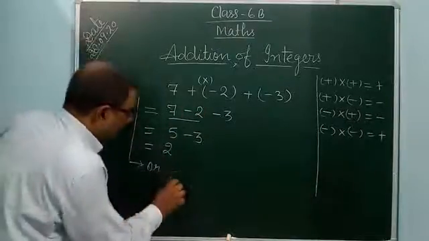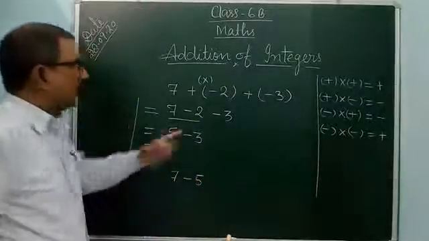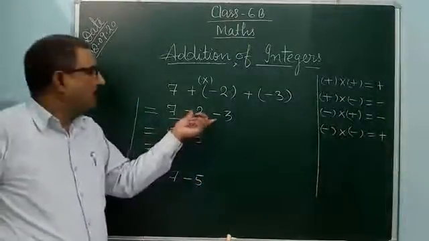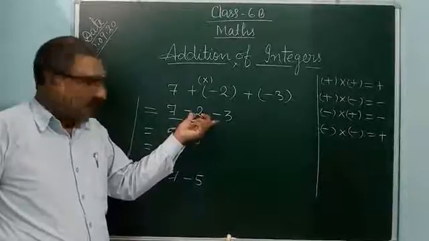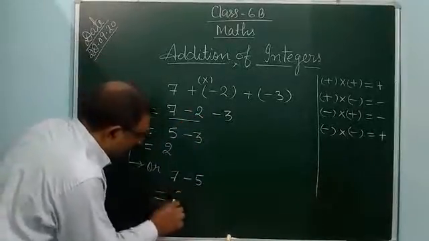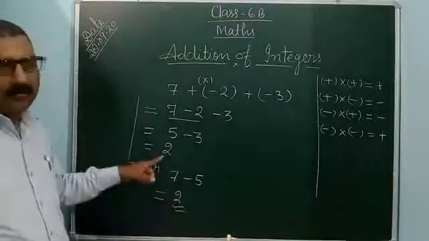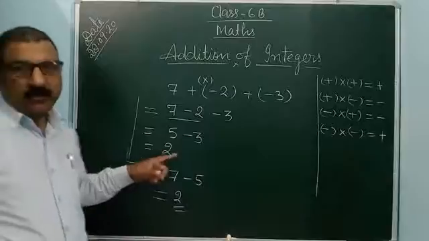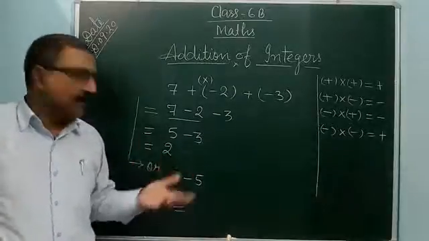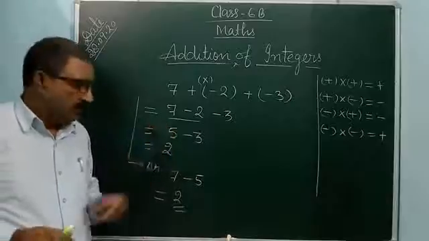So it is 7 minus 5. You can add 3 and 2, but the symbol will be minus because both are minus. So minus 5. After this, 7 minus 5 is 2. So in this way also the answer is 2, and in the other way also the answer is 2. Whatever you understand, you can solve. Both processes are good.